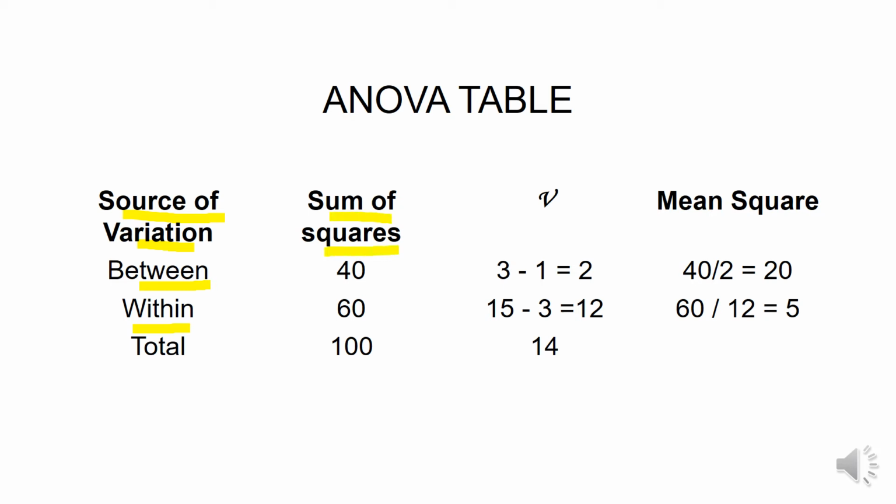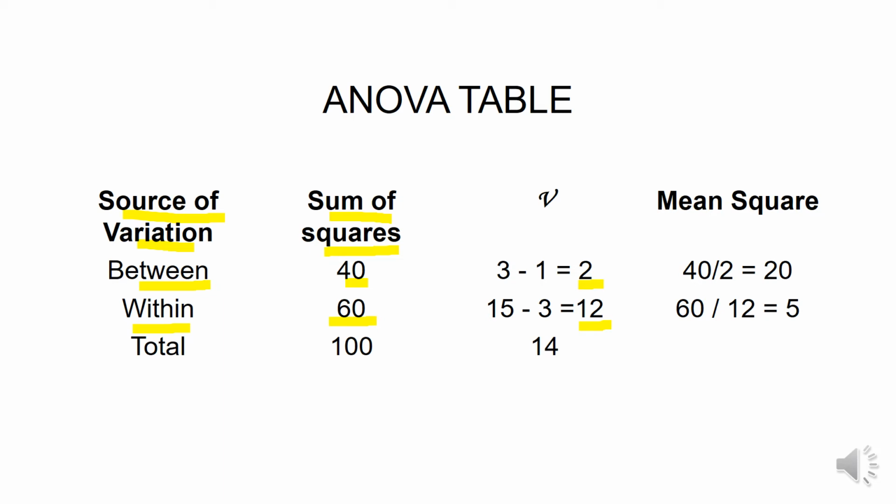Students, please remember that the sum of squares between was equivalent to 40 and sum of squares within was equivalent to 60, what we just calculated in the previous part. And the v value for between is equivalent to 2, and for within means the total data which was given to us, and the total data which was given to us was for 15 items.